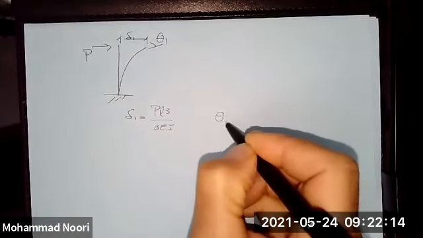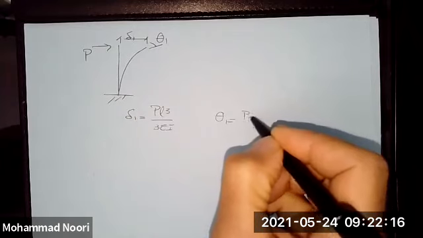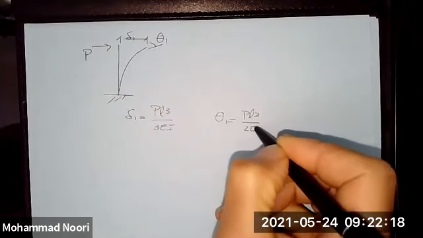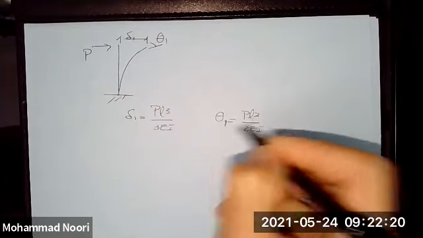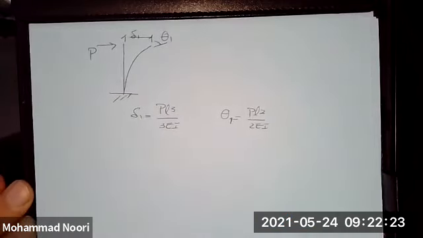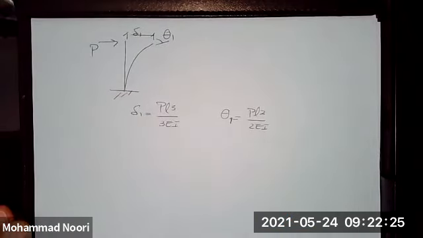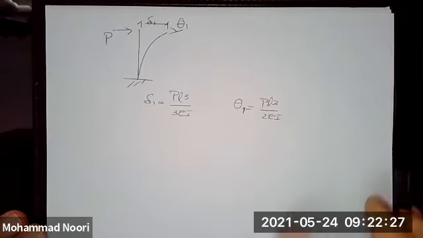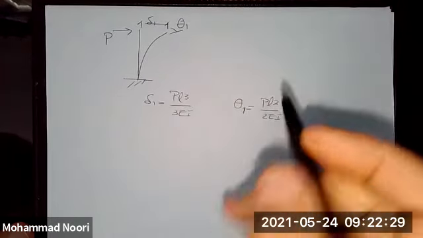And theta 1 is PL squared over 2EI. If you don't remember how you do this, just go back to your strength of materials book and look at the back of the book. There is a table actually for these.